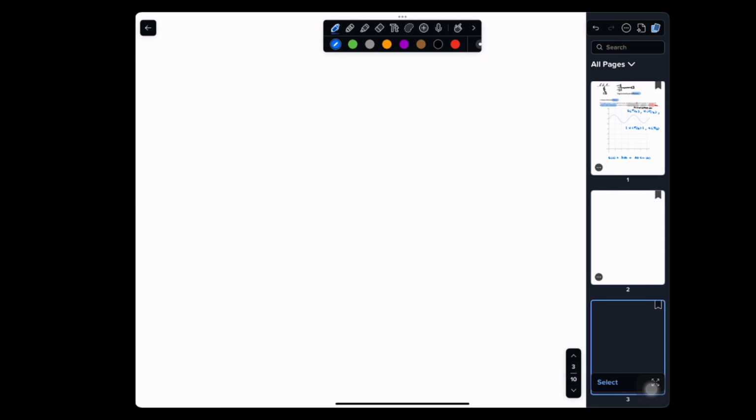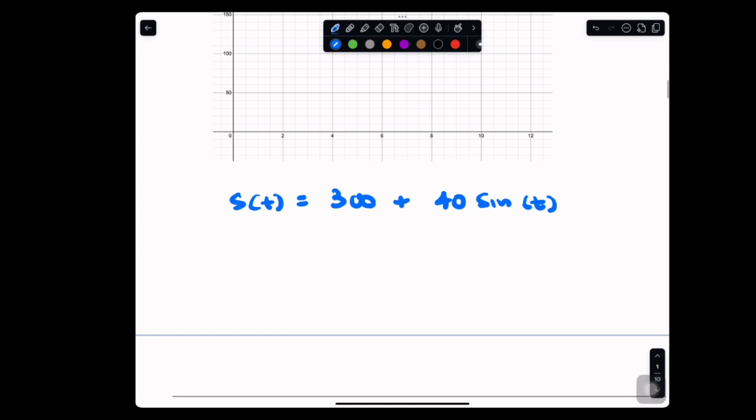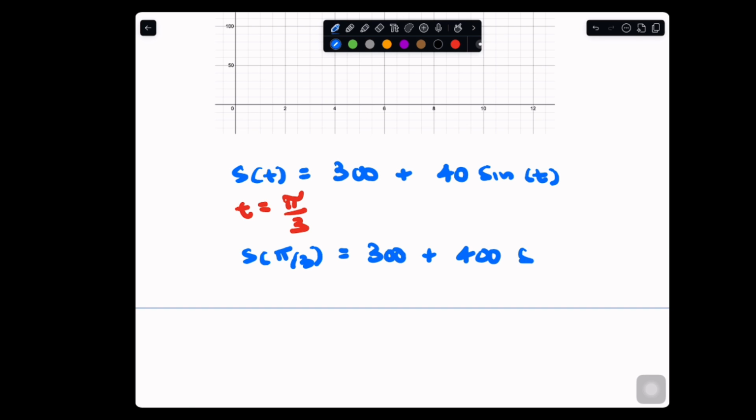How do I find the position of that mass when your time is pi over 3? Do you guys know how to do that? You just plug in pi over 3. So you get 300 plus 40 sine pi over 3.